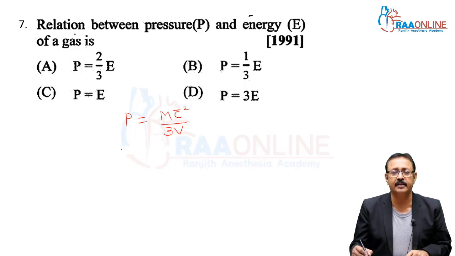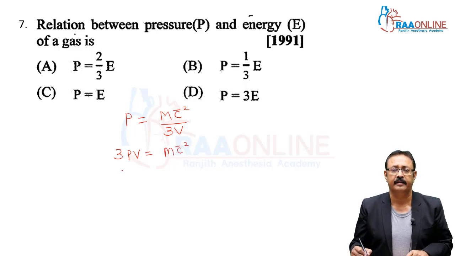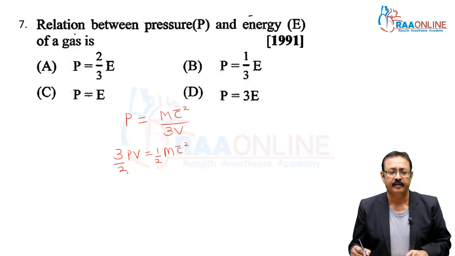So 3PV equals mc bar square. If you want energy, multiply both sides by 1 by 2. So what are we getting now? What is this?